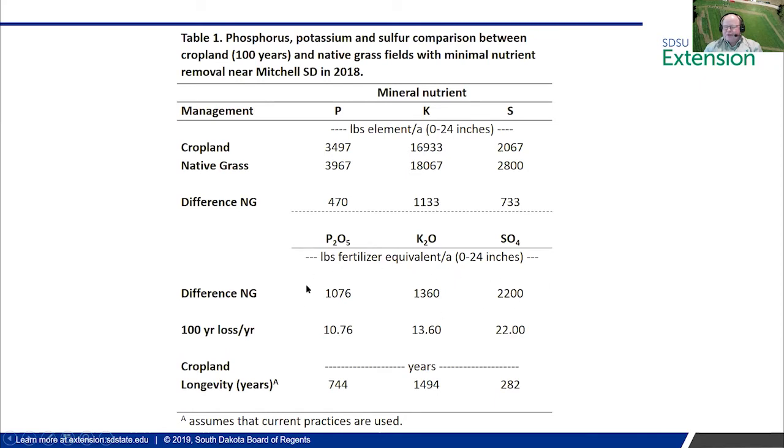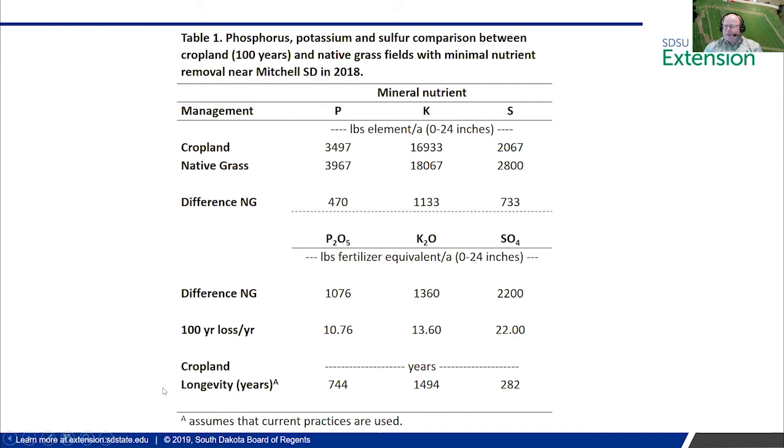Okay. And using that difference and knowing it's been farmed 100 years, then I calculated the rate of loss. The 100-year rate of loss right there: about 11 units of phosphate, about 14 units of potash, and 22 pounds of sulfate sulfur. So if you think about the longevity, this is really what we're after down here.